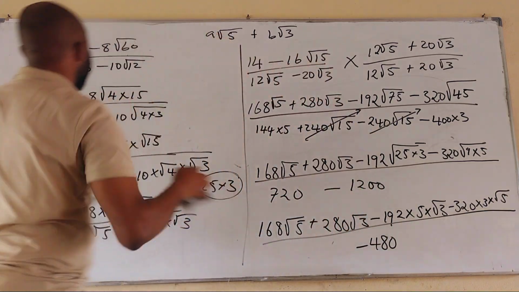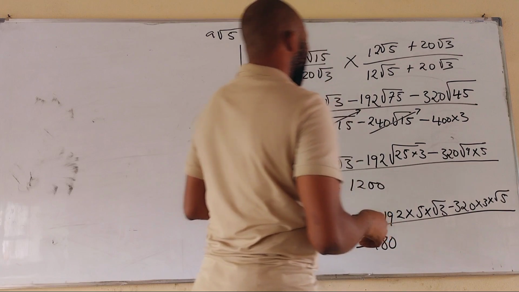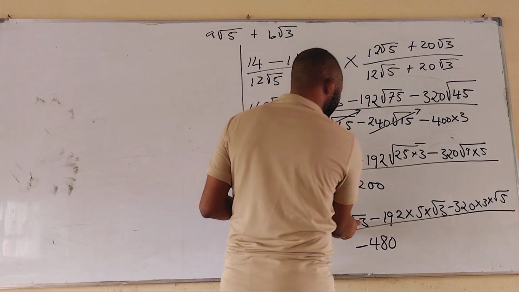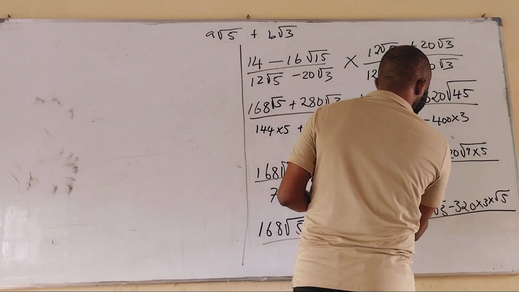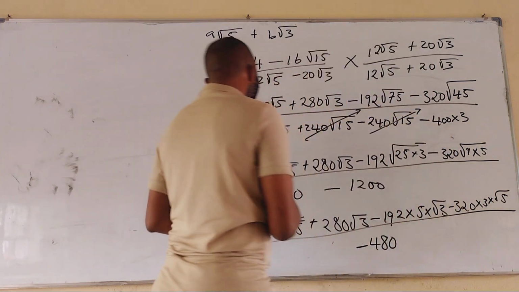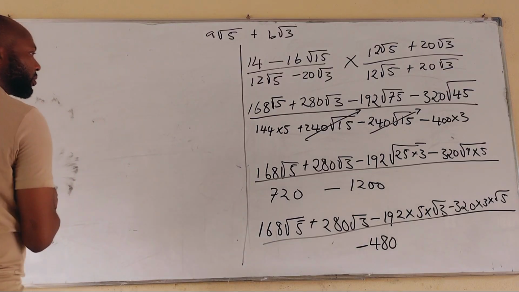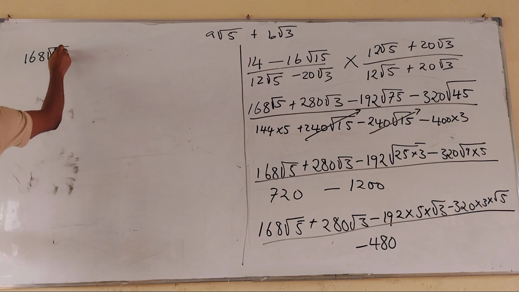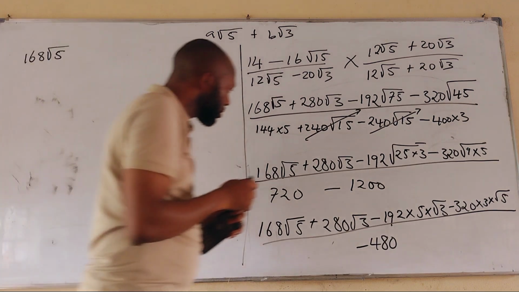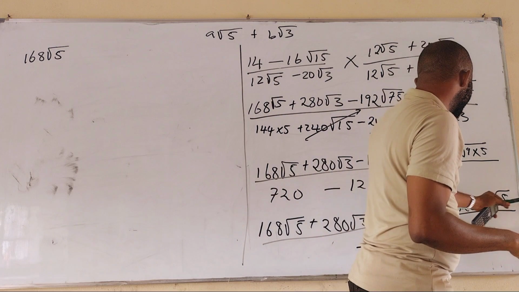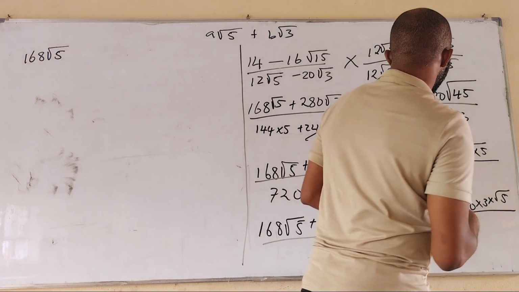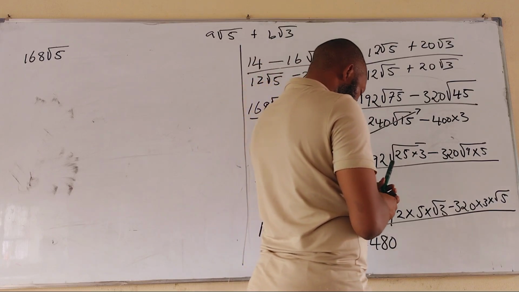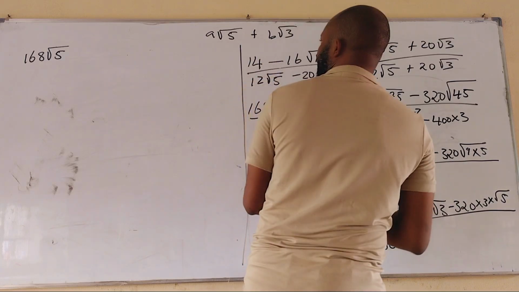Let's clean this other side. Alright. Now, this is root 5, this is root 3, this is 5 times this, to compress them. Let's proceed. 168 root 5. Let's check another root 5 here, which is 320 times 3. 320 times 3 is 960.